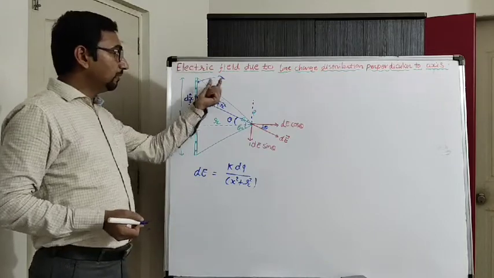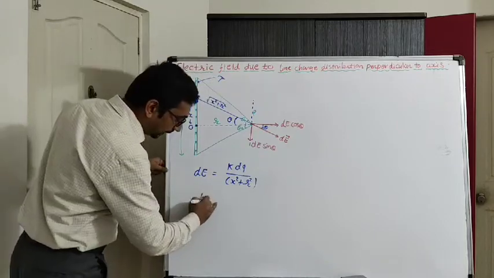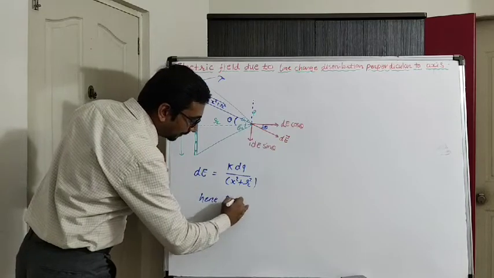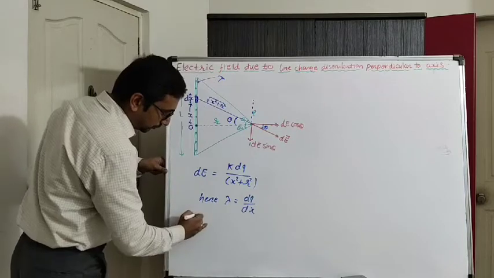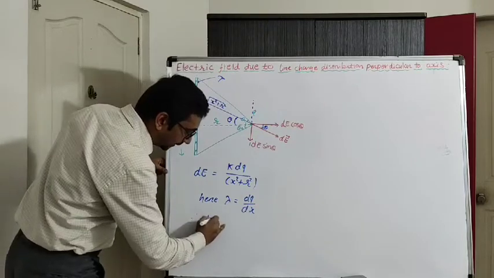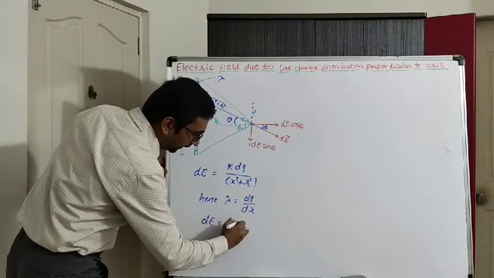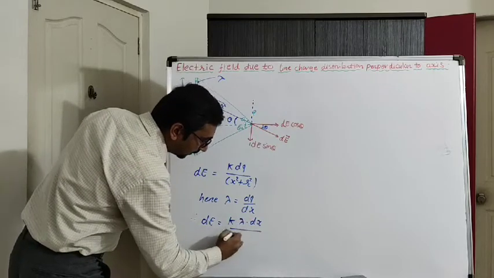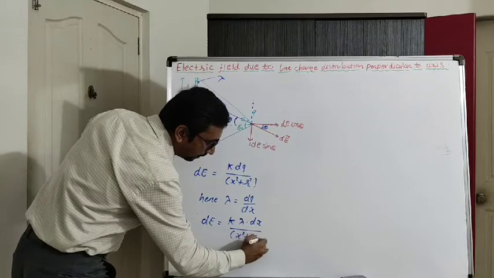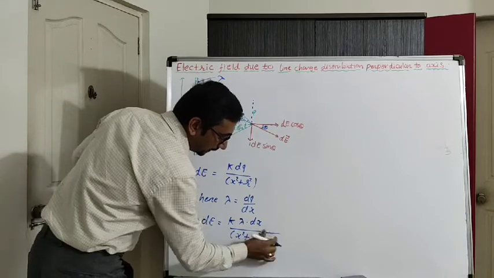Now in terms of linear charge density, lambda is equal to dq divided by dx. So dE will become k into lambda into dx upon x square plus r square.